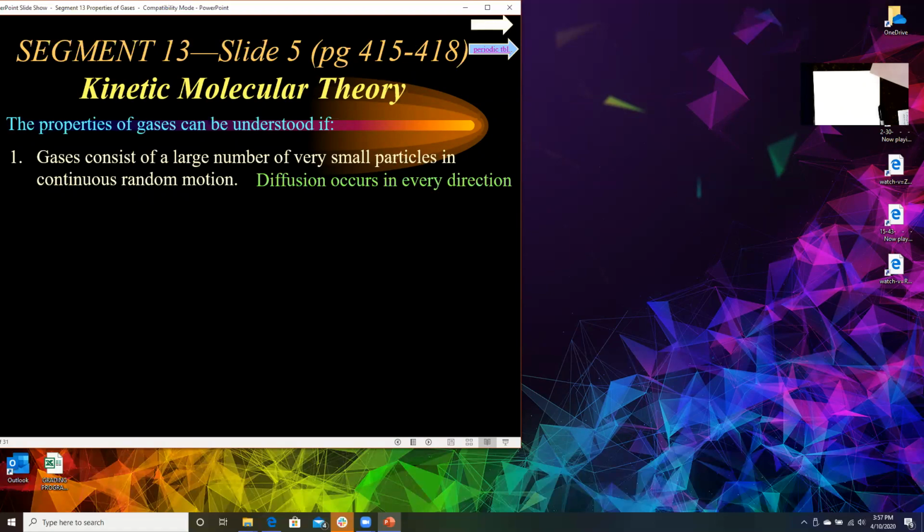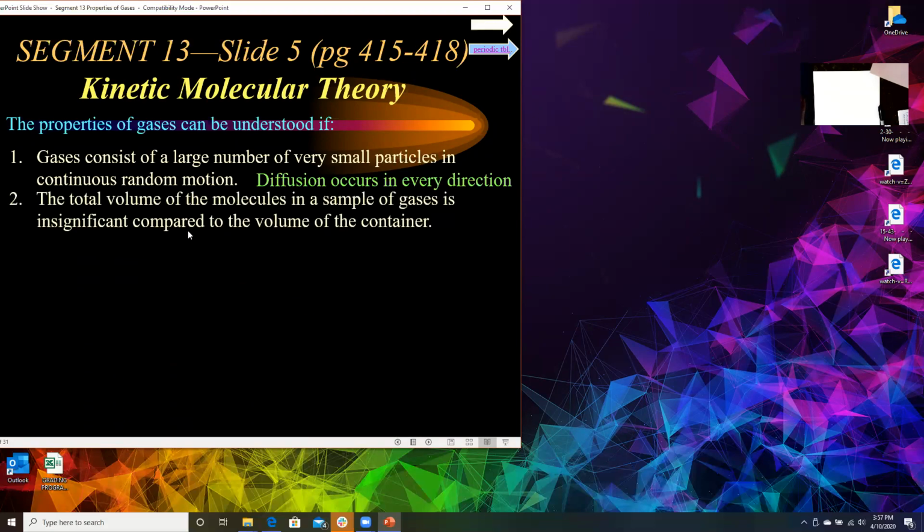And so that means that when molecules of the gas are moving, they have to somehow or other make their way toward that hole, that opening, when I open the bottle. And that means that the molecules are diffusing in every direction at once because that opening could be anywhere.